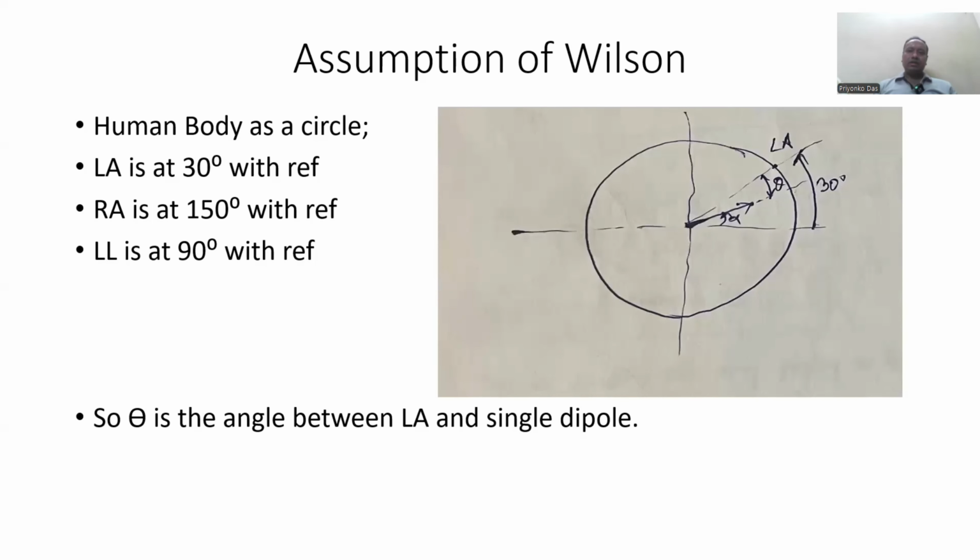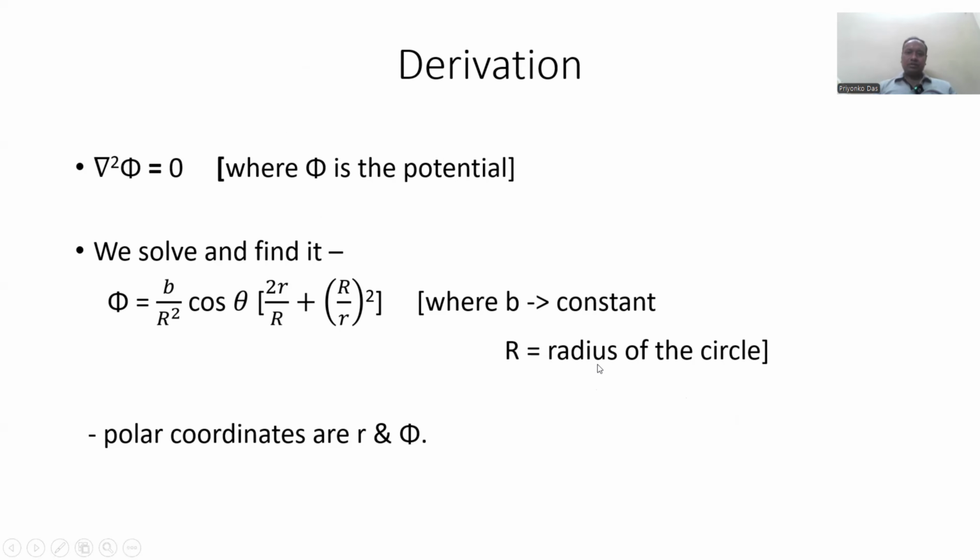This is the circle which he considered as the human body, some sphere, where polar coordinates are taken as r and theta. So this angle should be theta.